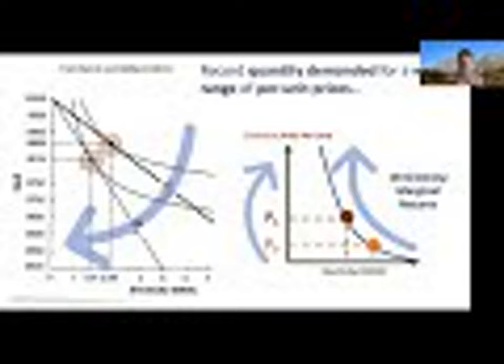So even though the slope of the demand curve is constant, the elasticity goes from being high up here to being low down here. So it's not just the slope of the demand curve, it's both the slope and the particular quantity.